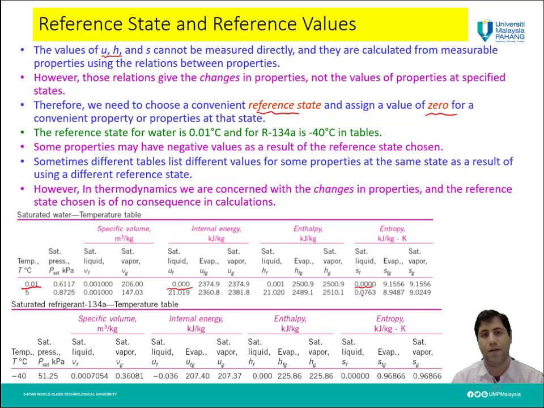Then for the other states, for example, when temperature is increased, what we have for this U or for the S or even H is a change in the amount of those properties by changing of the state. For example, here the temperature is increased, and we imagine at almost zero temperature, 0 degrees Celsius, internal energy is 0.